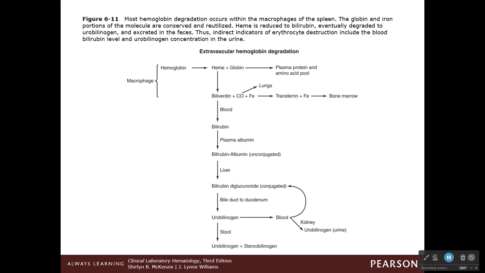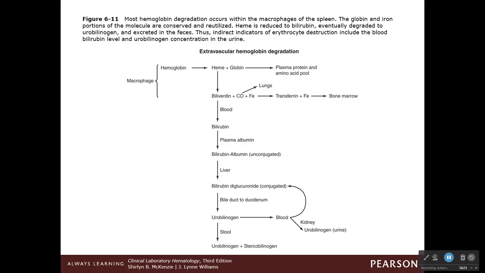Plus carbon monoxide. CO is carbon monoxide. It's a gas. Plus iron. Then iron is picked up by transferrin and sent to the bone marrow, where it is stored as ferritin or hemosiderin.